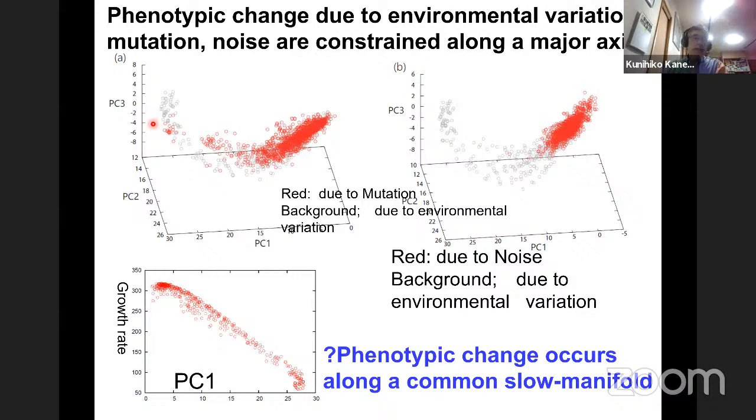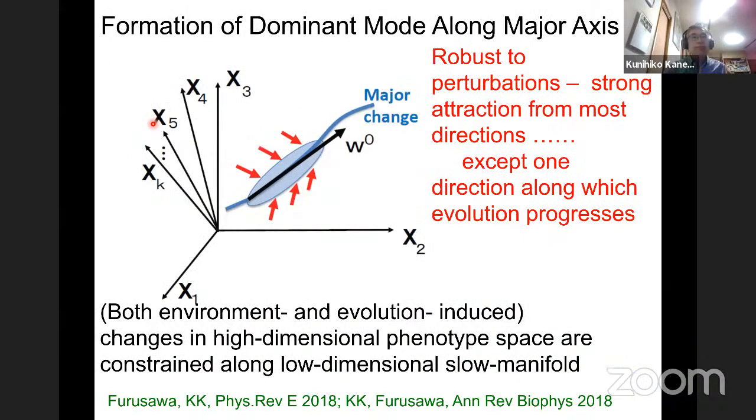So from these experimental and simulation results, we can propose this kind of theoretical hypothesis. We have this very high-dimensional phenotype space, but the good state is rather rare. And we have much noise in this system.